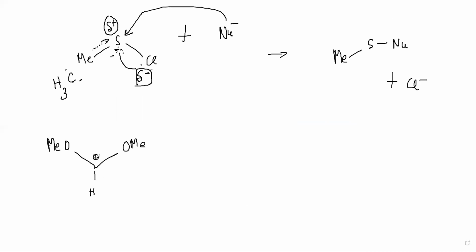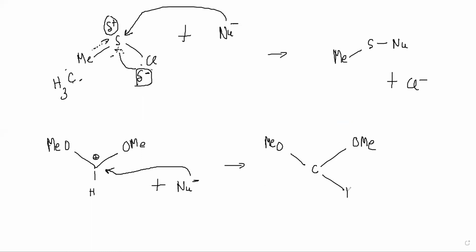It's a clear positive charge on an empty orbital, so there is an empty orbital there, and the nucleophile forms a bond directly. So this will become OMe, C, nucleophile, and H. The charges get neutralized here, right? Two electrons come in and form a bond. So this is the product in this case.